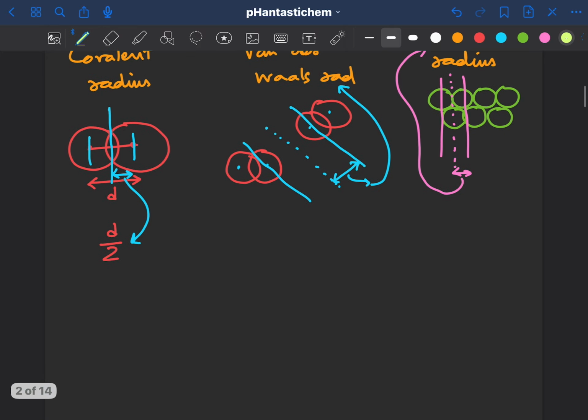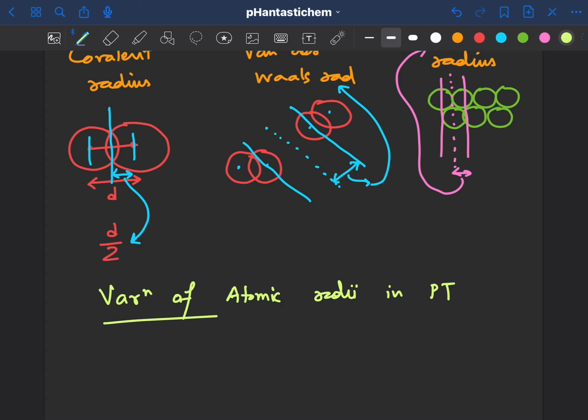Next we will talk about variation of atomic radii in the periodic table, along a period. Since atomic radii are of three types, it is important to specify which atomic radii I'm talking about. I'm talking about the covalent radii.